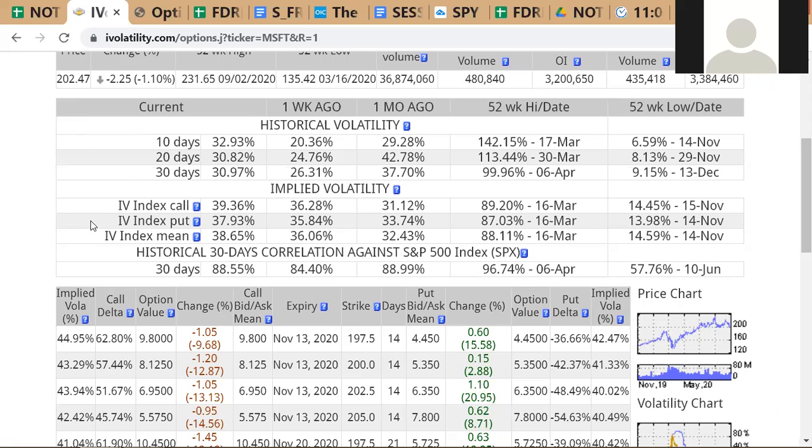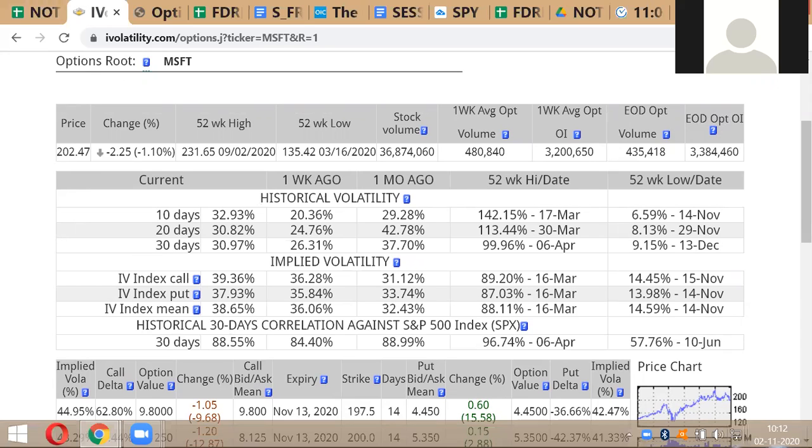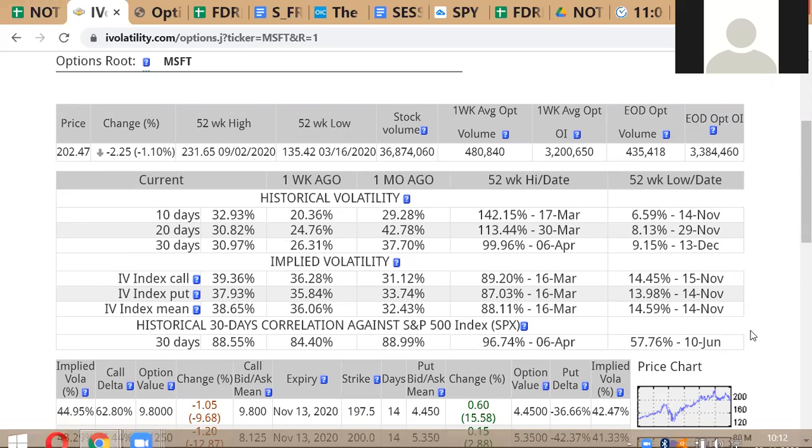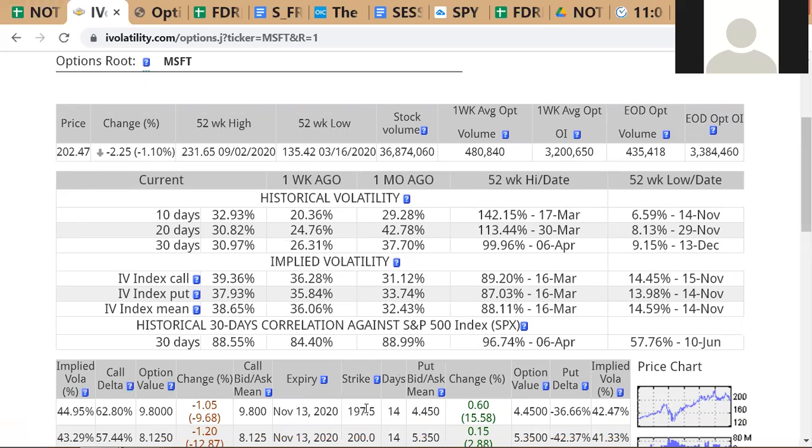So when you exercise your option, as Siddharth was referring to, one of the ways you can make money is this. We're not talking about commissions or exercise costs and other stuff, but ignoring all that, you buy the option, and you buy the underlying asset at 197.5 by exercising your option, and you see that the market is trading at 202.